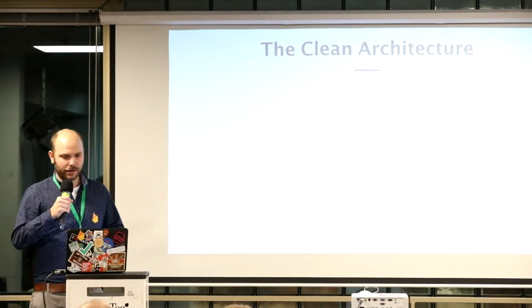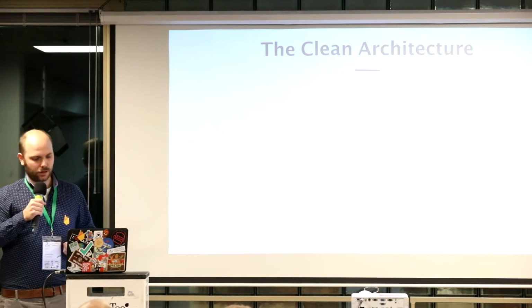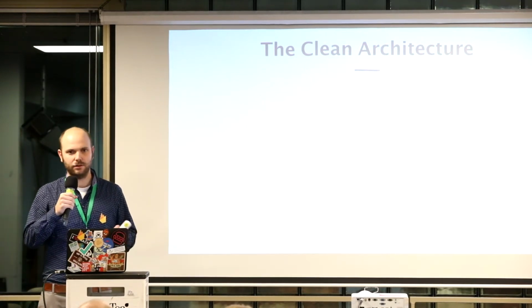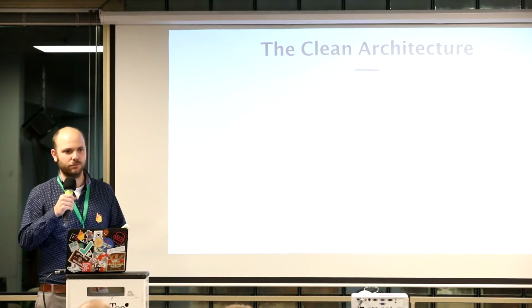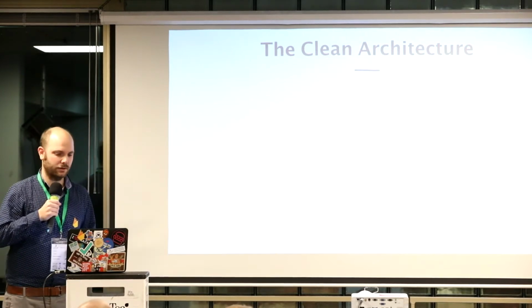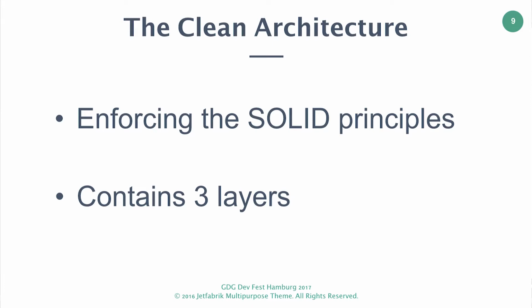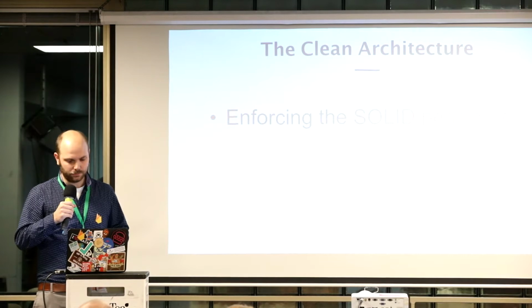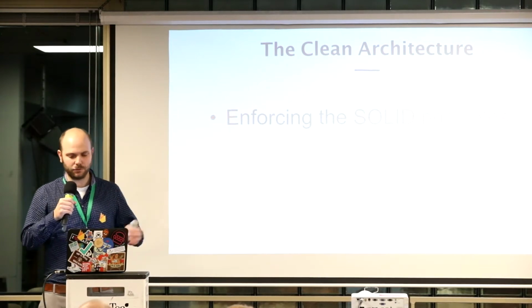Another approach is clean architecture, which reinforces the SOLID principles for object-oriented design. Does it sound familiar to some of you? Okay, that's good. It's enforcing the SOLID principles, which are 5 principles for writing object-oriented software and making it more testable, where each component is decoupled from the other components.